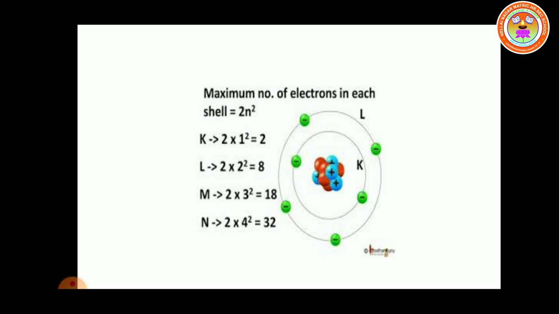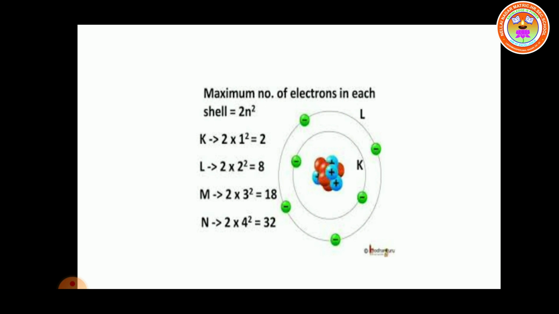And next, the second shell, L. So, instead of n, you substitute 2. So, 2 into 2 square is equal to 2 into 4 is equal to 8. So, in the L shell, there are a maximum of 8 electrons present. Like that, the M shell has a maximum of 18 electrons and the N shell has a maximum of 32 electrons.